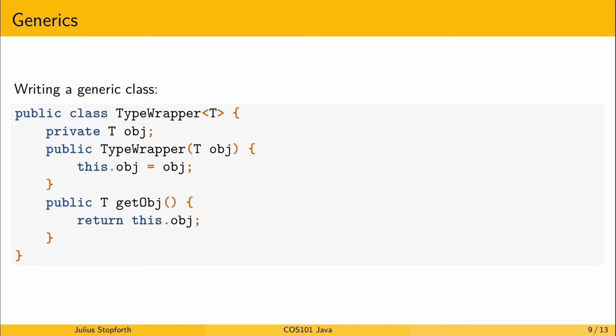Then we can declare a private attribute of the object with our little placeholder type. We can have a constructor called TypeWrapper with our placeholder and then the object, and then create a getter for it. All of this while we don't actually know what type we're working with.